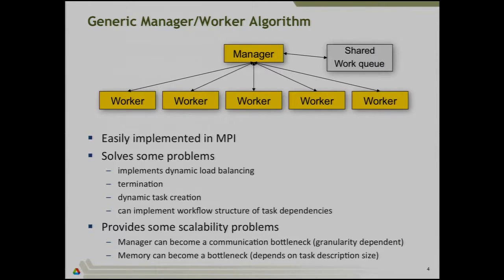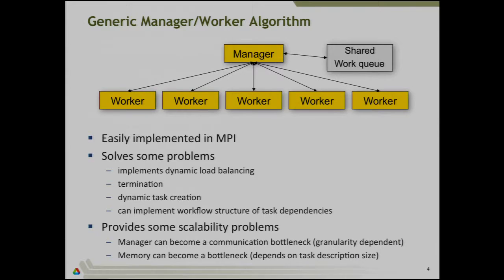So we get automatic dynamic load balancing in this simple model. The manager can tell when there's no more work to do. It's easy for one task to tell the manager to create more work and put it in the work queue. And it's easy for the manager to keep track of the dependencies between the tasks.